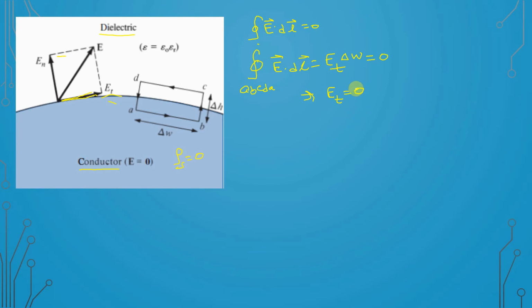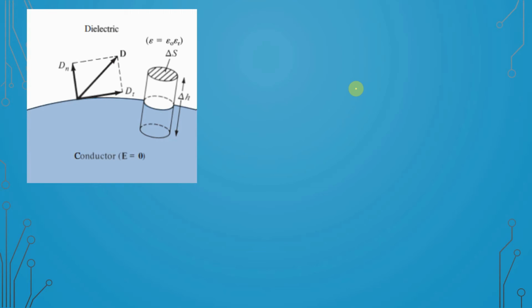Now if we need to find the normal component, we'll use this diagram. As you can see, again the electric field inside a conductor is equal to 0. Here we will use Gauss law.